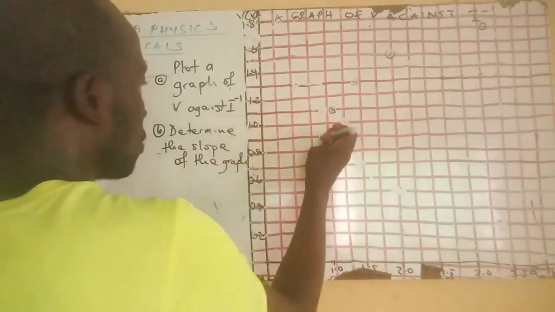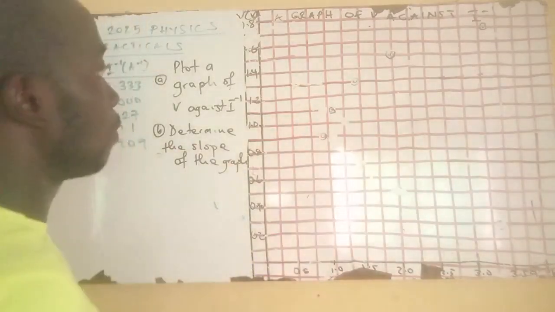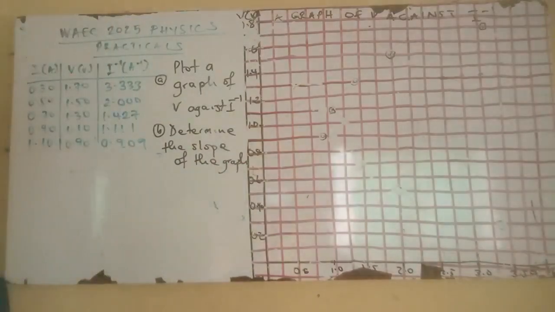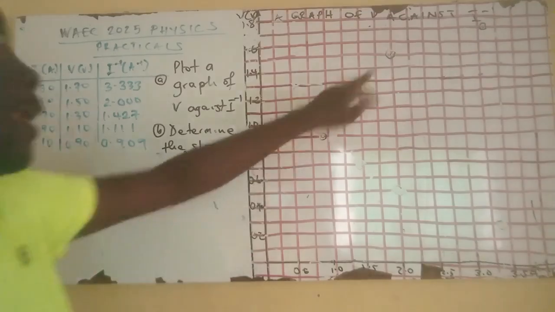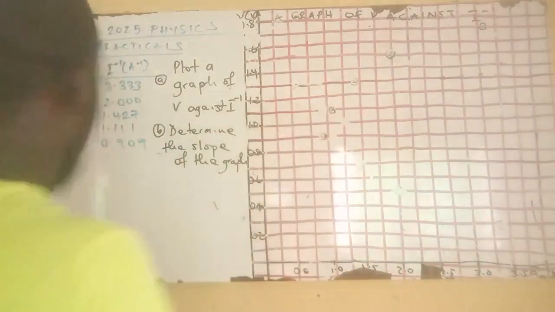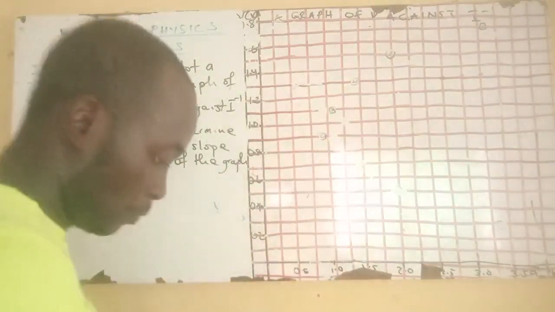It's going to be somewhere here. Now we've got 5 points. How do we go about it? Let's look for the points that are aligned together. These 3 are aligned. I think they are aligned, yes.